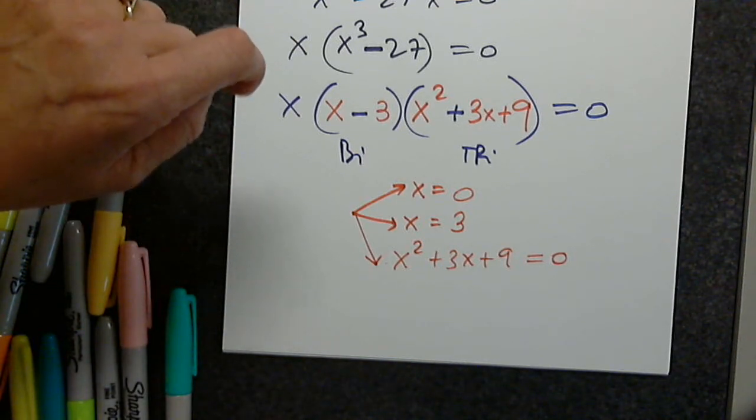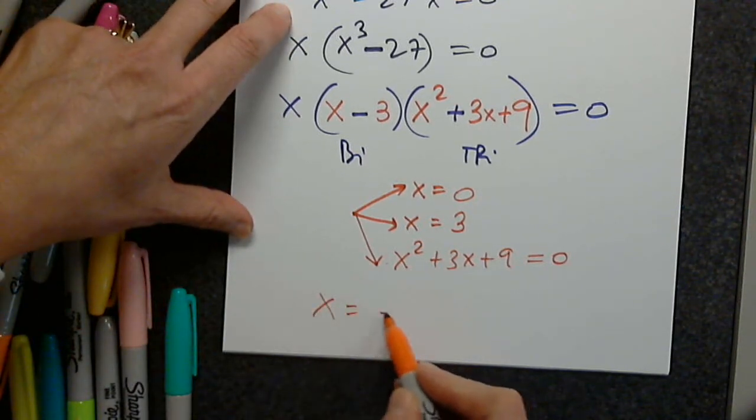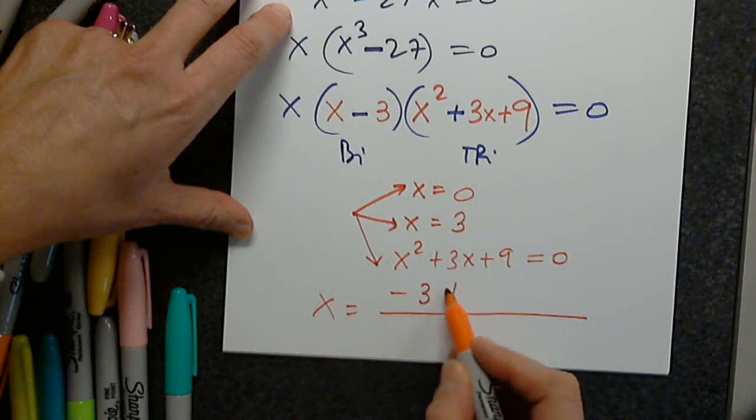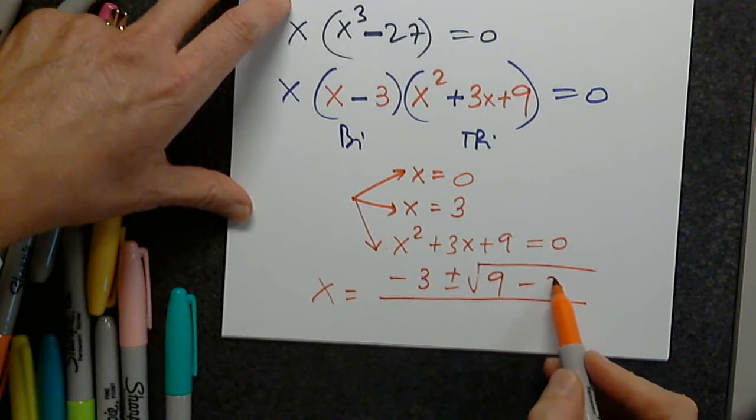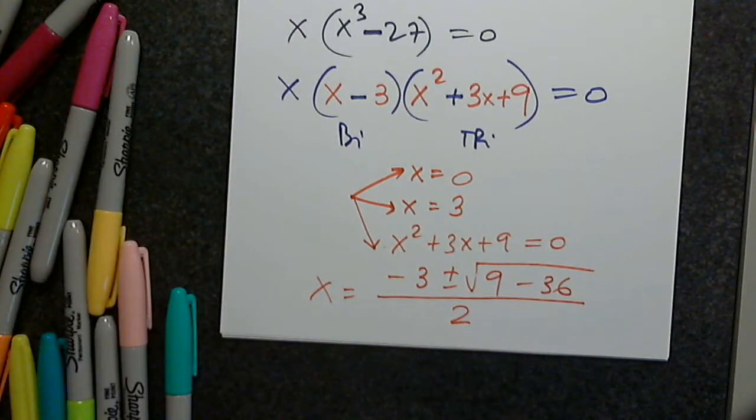Yes, indeed. The quadratic formula. Negative b plus or minus the square root of b squared minus 4ac over 2a. You can put that in the calculator.